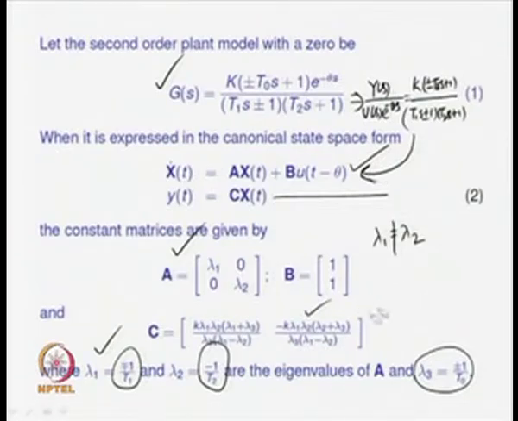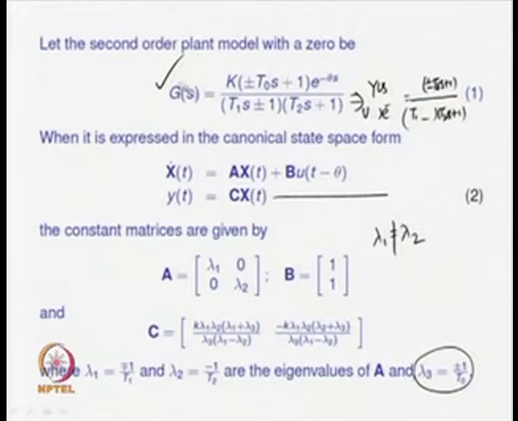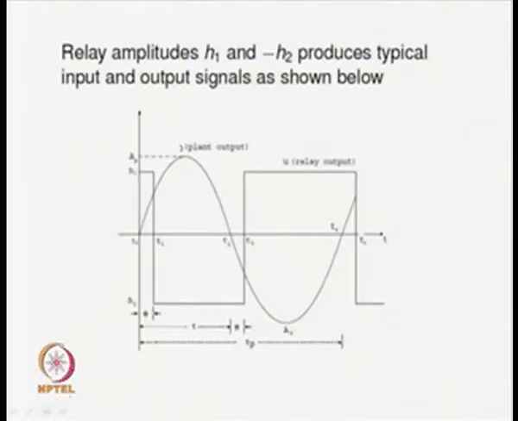With that condition, we started our analysis and we found a set of analytical expressions using the output waveform. So, what is that output waveform we got? This is the type of limit cycle output we got when the relay test was conducted.